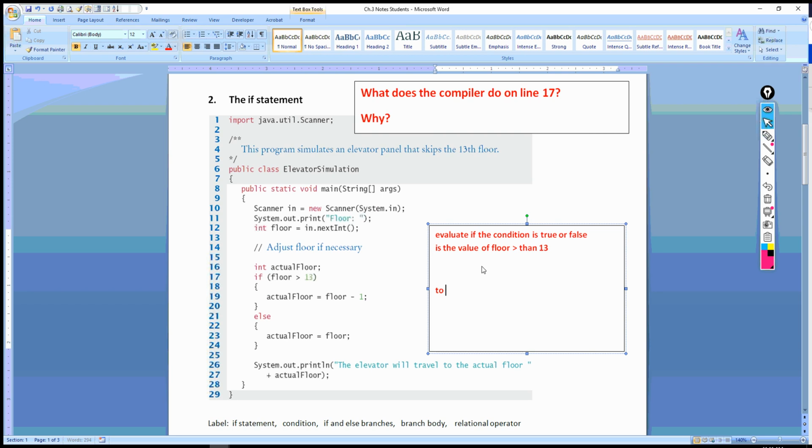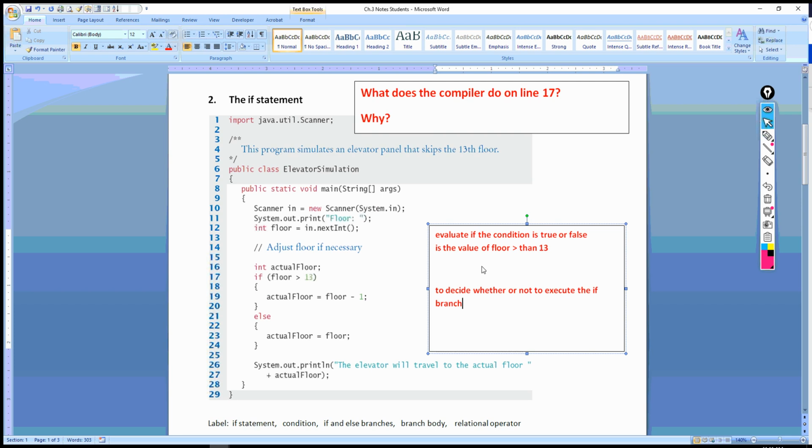The reason is to decide whether or not to execute the if branch, actually the body of the if branch. In other words, it's going to decide whether or not to execute that first choice.